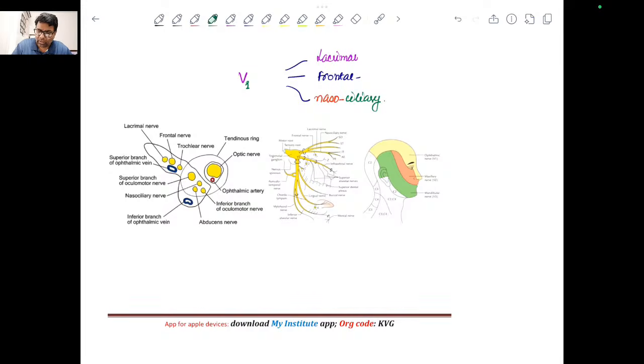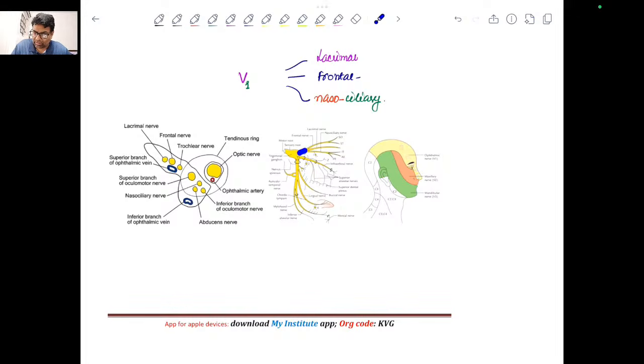Now these nerves are supplying all this area. Again you can see the dorsum of the nose, the forehead region, the scalp region. So this is by 5-1, the ophthalmic division of the 5th nerve.